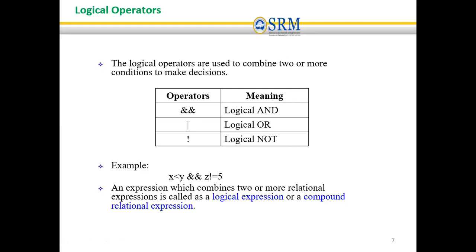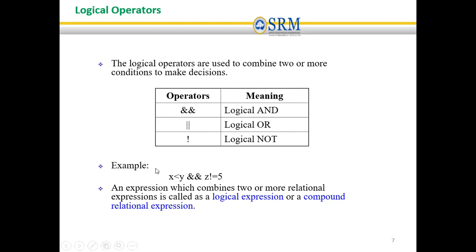There are three logical operators available in C language: logical AND, logical OR, and logical NOT. Logical AND is two ampersand symbols, logical OR is two pipeline symbols, and logical NOT is the exclamation symbol.